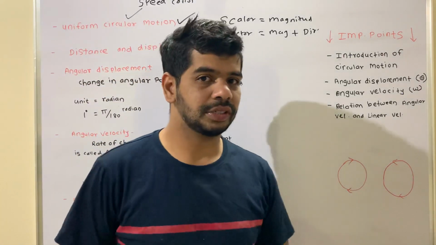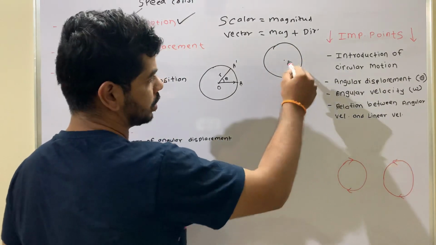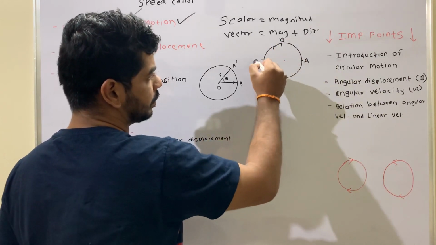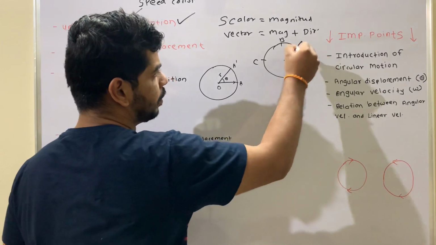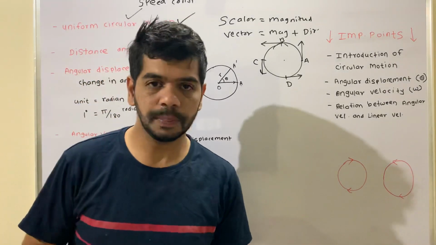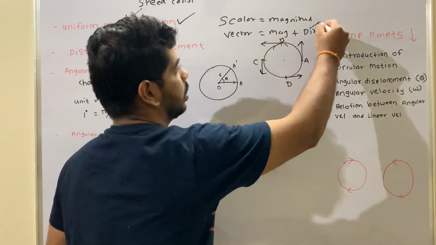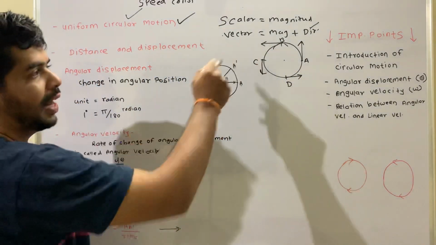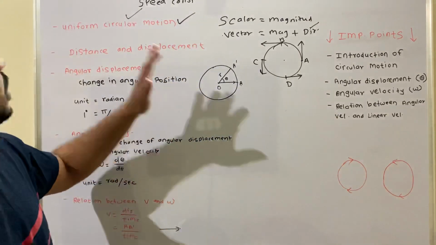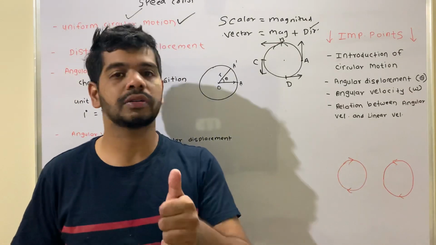The velocity is not constant, because if you consider that uniform circular motion, and consider the points, suppose this is A, B, C, D, at each and every point, the velocity is changing its direction. And we know velocity is a vector quantity, so since it changes its direction, it is not constant. So this is the basic thing about uniform circular motion. You have a constant speed but not constant velocity.